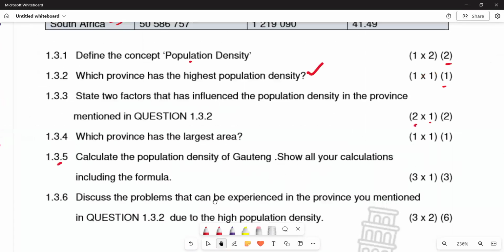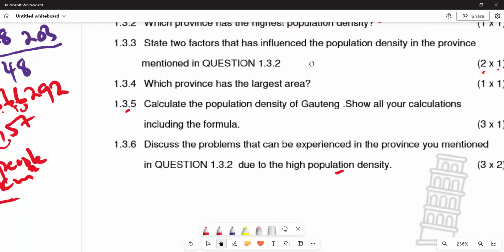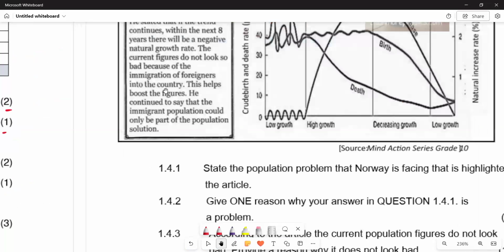On the next question, we are now looking at question 1.4.2. Let's try to go to that question. The second part of the question is saying, give one reason why your answer in question 1.4.1 is a problem.